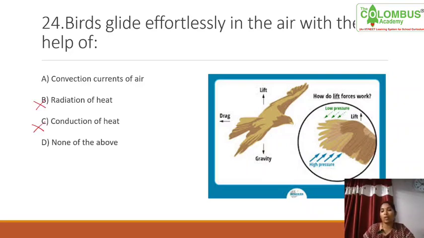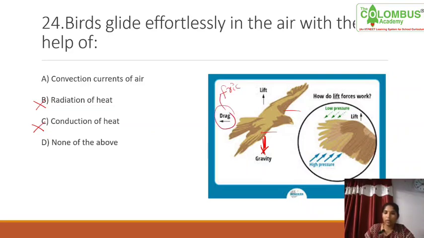See this figure. Yes, the gravity. Due to the weight, the bird has weight and gravity will pull it down. So gravity acts downward, and the air will push back, which we call drag, that is friction due to air.